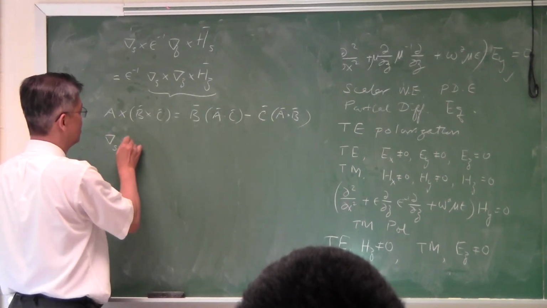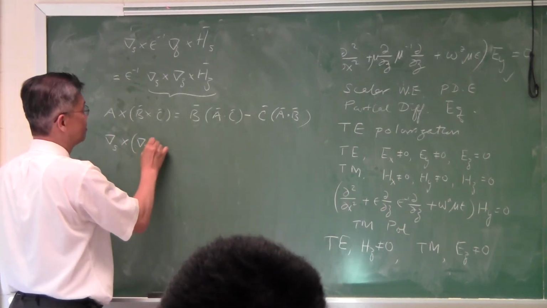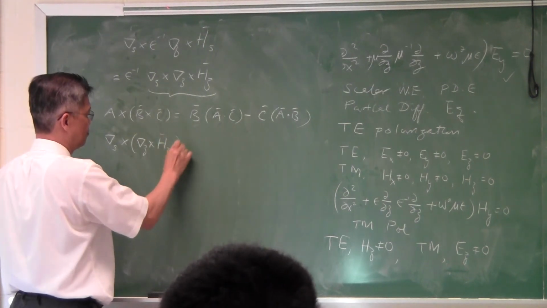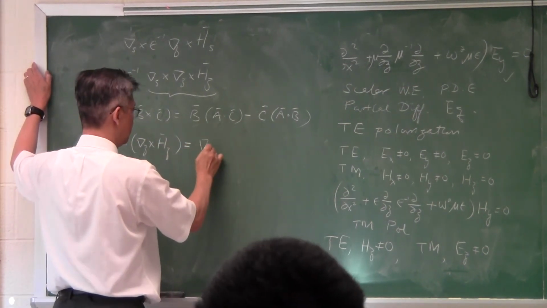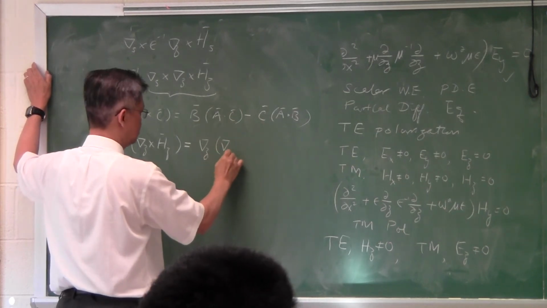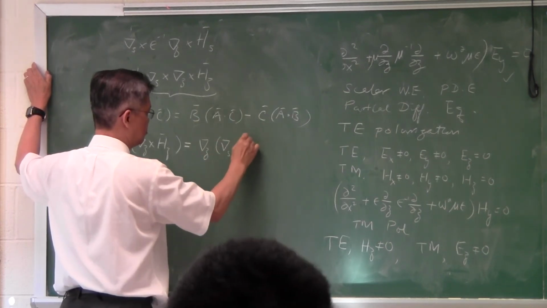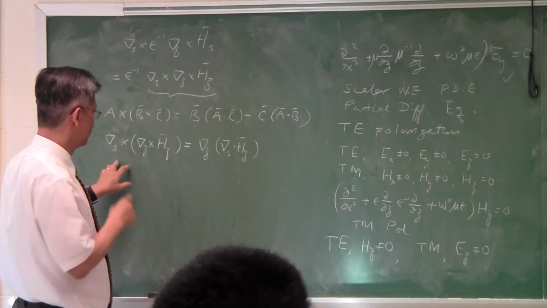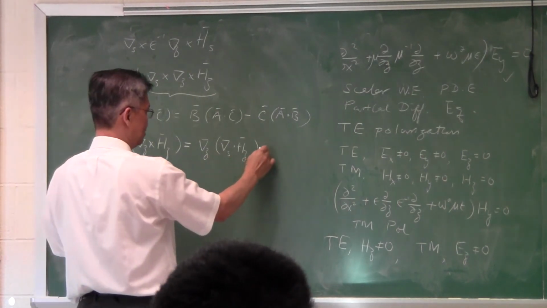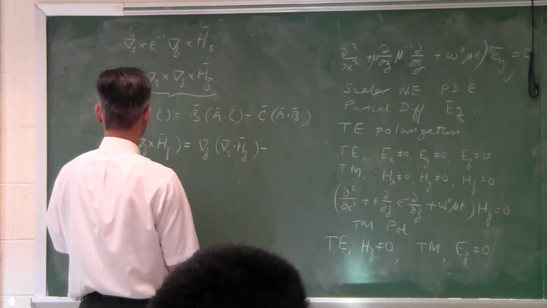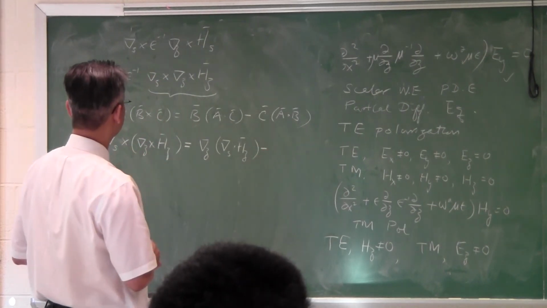So if I apply this to this, then I would have something like this for the first term, right? This operates on this, and this has to be 0 because both of them are 0. Cannot be.